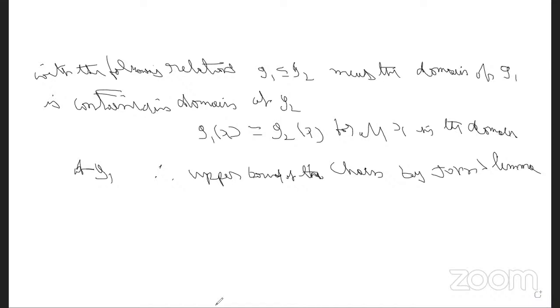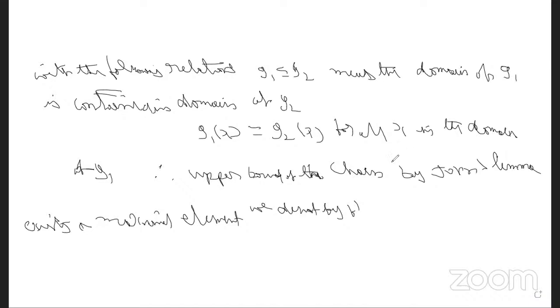So the upper bound of the chain, by Zorn's lemma, exists a maximal element. We denote the maximal element by F'.